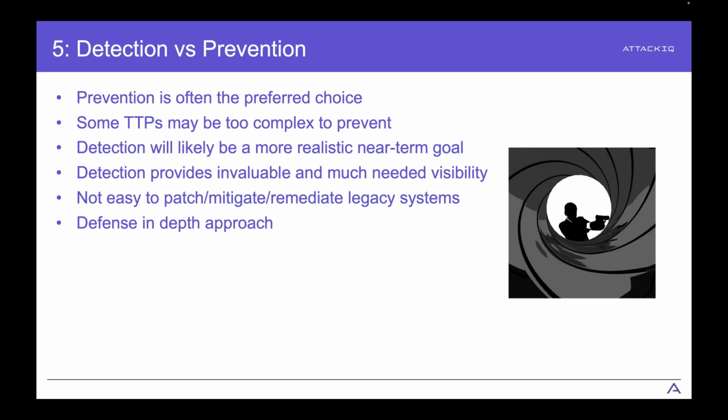But again, another reason for this is because prevention isn't always, as I say, possible. As well, if there's critical financial systems, or just any kind of crown jewel assets that cannot easily be remediated, for example.